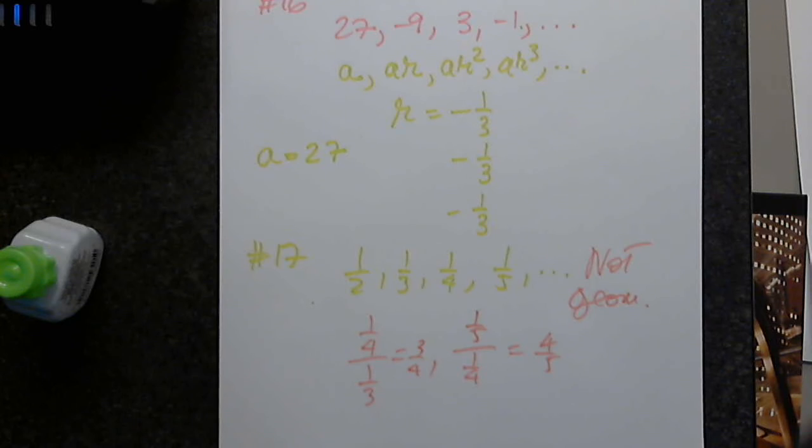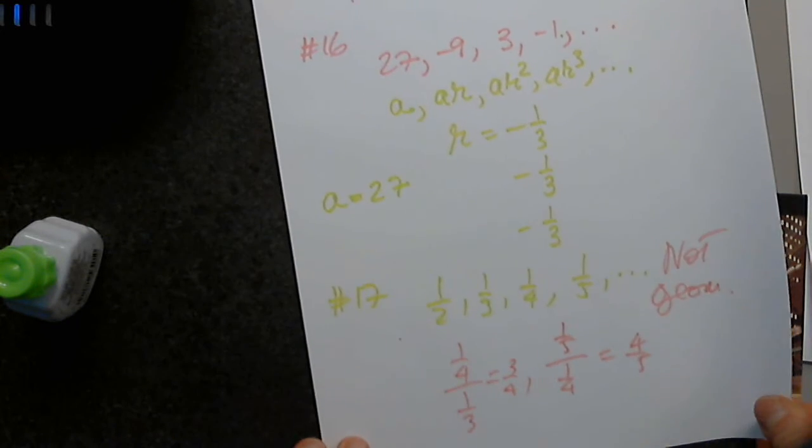Okay, 21 through 26. Find the first 5 terms of the sequence and determine whether it is geometric. If it is geometric, find the common ratio and express the nth term of the sequence in the standard form. Okay, please choose. Whatever you want.